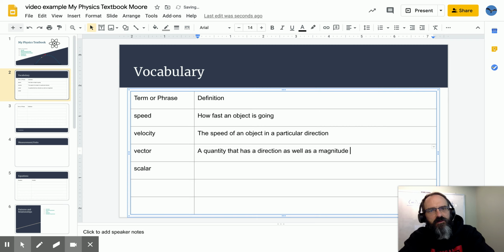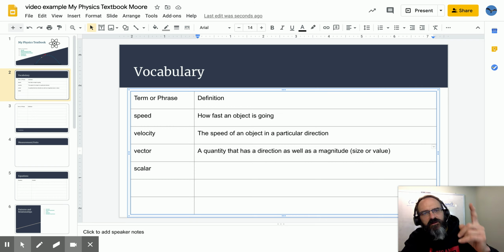And of course, that begs the question of what is a magnitude? Well, magnitude is basically a size or a value. So a vector, a quantity that has a direction as well as a magnitude. Like I said, the magnitude of my speed might be 5 miles an hour and the direction straight up.